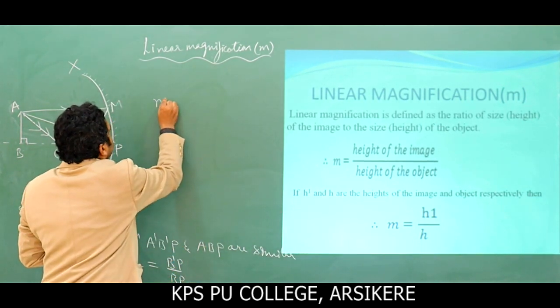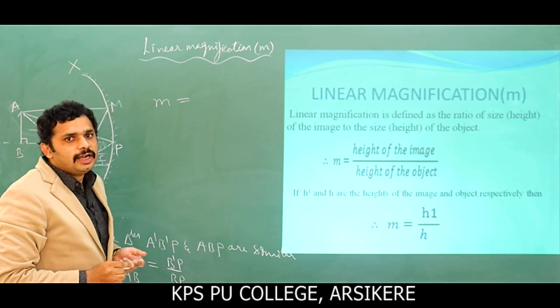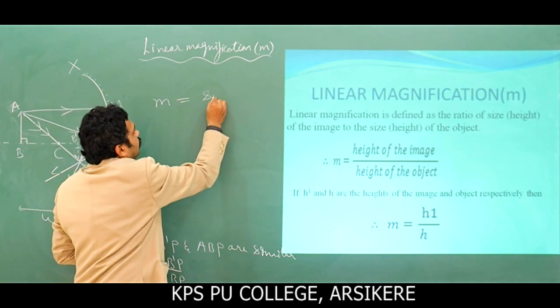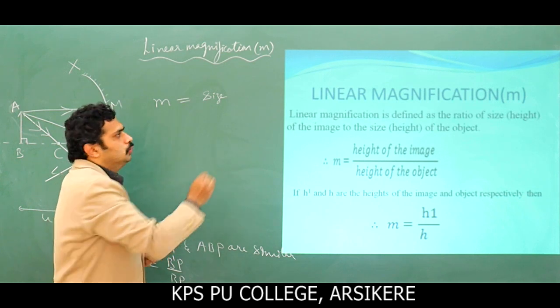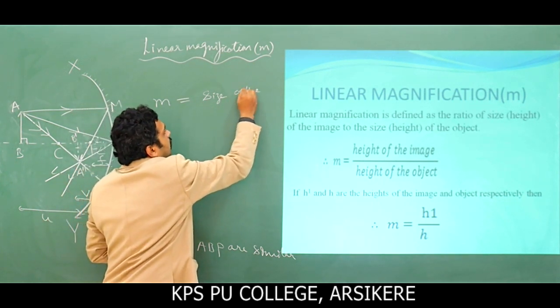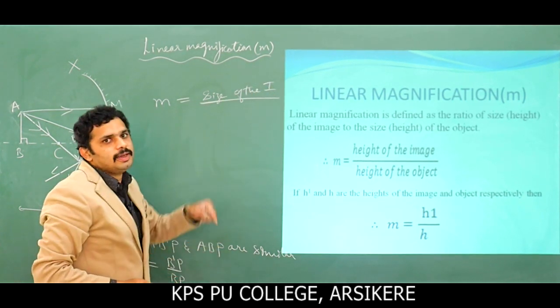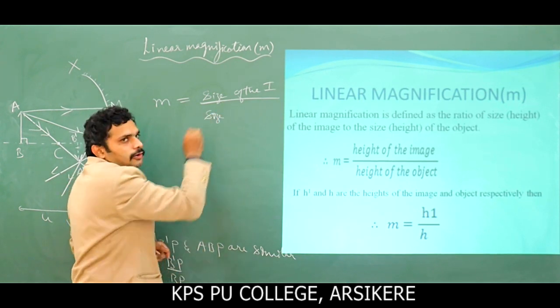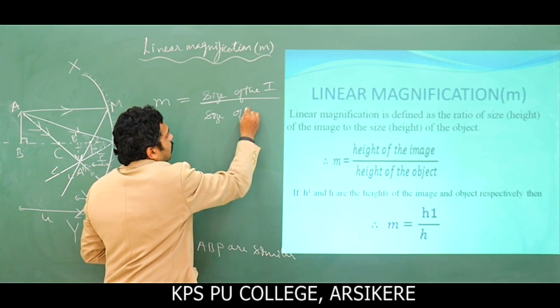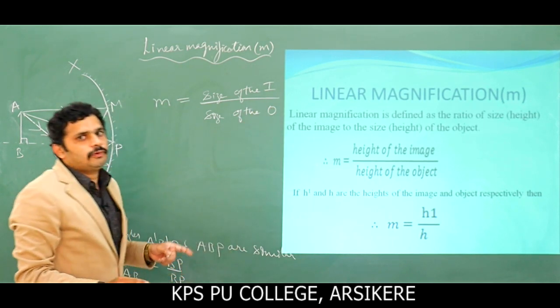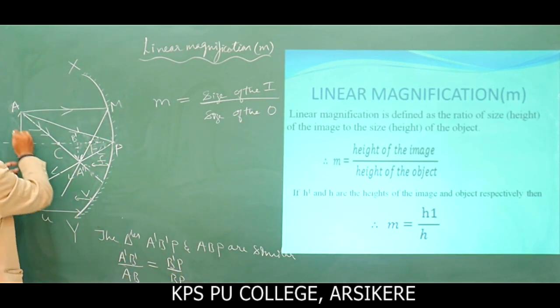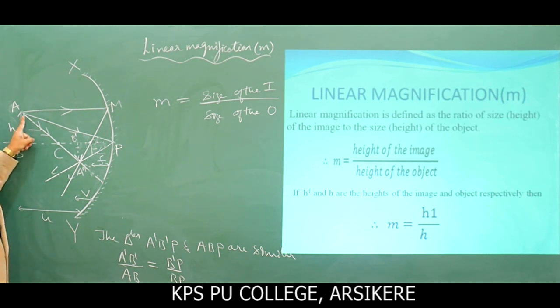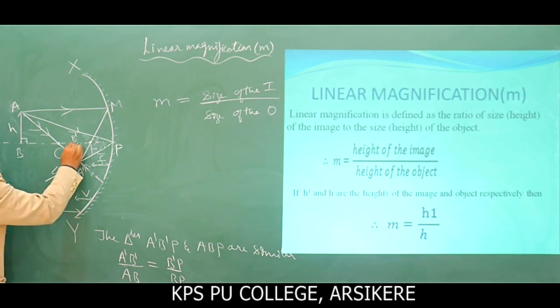The linear magnification is defined as size of the image to size of the object. Here I is image. Size of the image to size of the object. Or for a one dimension object, H. What is H? Height of the object. What is H dash?